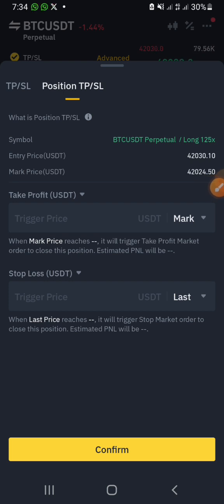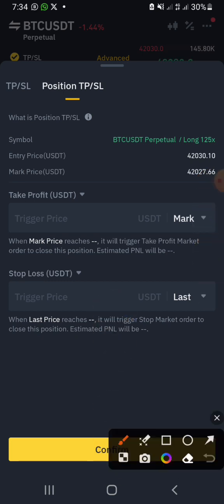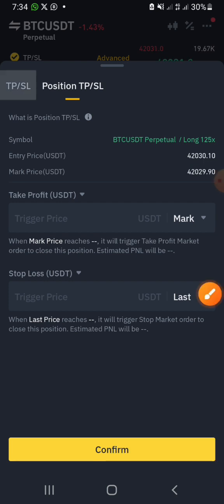Okay, yes, you are able to change your take profit and your stop loss. For instance, the current market price, as you can see over here, is $42,030. Now if I am in profit, what will I do? I'll quickly move my stop loss to my entry point.